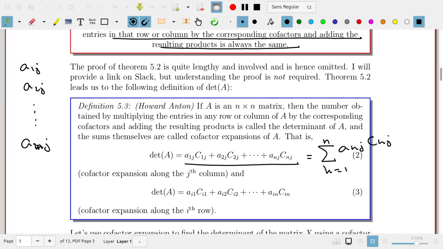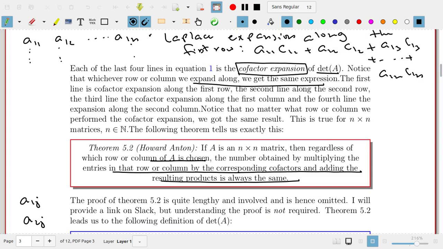Or similarly, you could do a cofactor expansion along the ith row, which would be the sum from k equals 1 to n of Aik Cik. Now, what the theorem tells us is that whichever row or column we do this cofactor expansion along, we're going to get the same result.